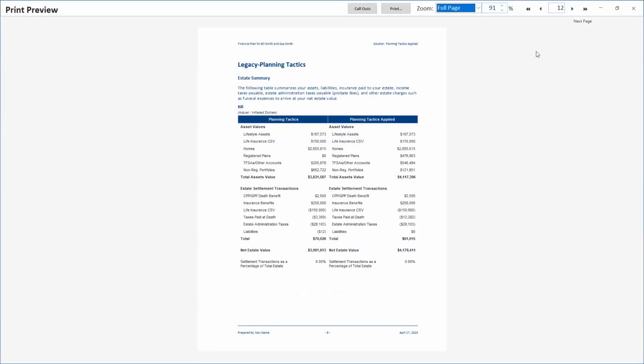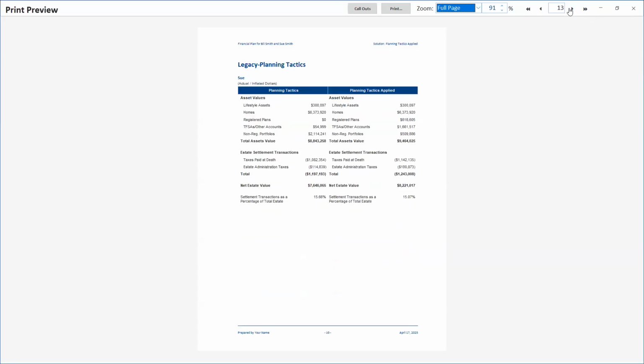And then there are more sections, a summary, before, after, and the difference in the net value of the estate, 3.9 to 4.2 for Bill, and for Sue, 7.6 to 8.2.